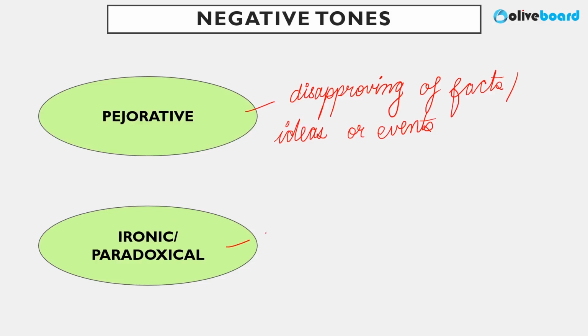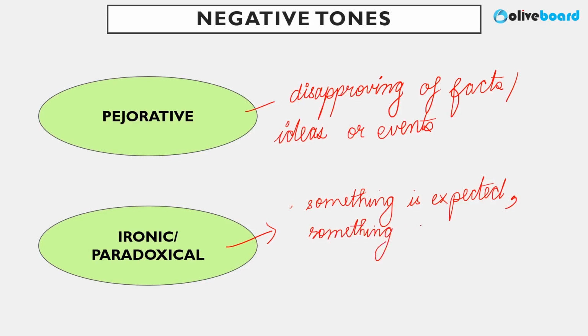Next will be ironic. Now, very simple way to understand is something is expected. So writer is talking about a subject where something was expected but something else happens. So contradictory to what is believed that will happen, something else happens.